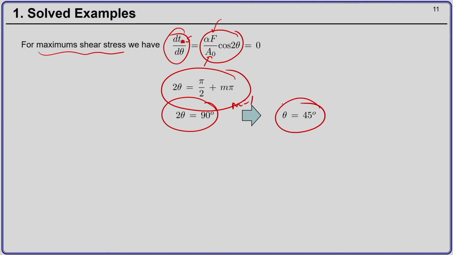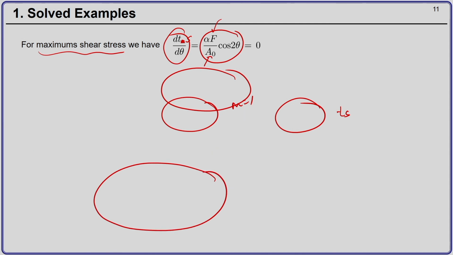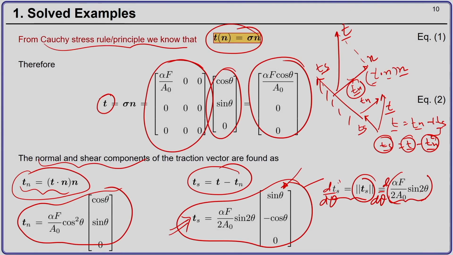So, if I put theta equal to 45 degrees in the expression for T_s, sin 2 theta is sin 90 degrees, which is equal to 1.